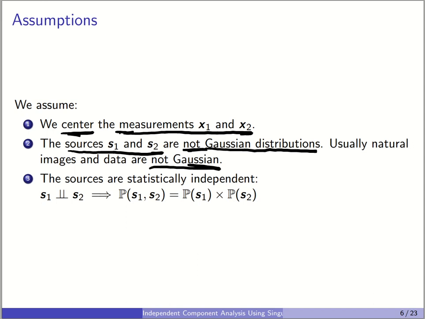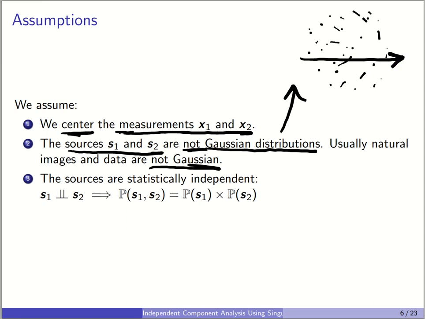Also, one small thing that I can tell you is that there is another reason that I will tell later, but one reason that they shouldn't be Gaussian: assume that this is a Gaussian distribution. Then you don't know whether this, for example, is the correct components or this is the correct components.